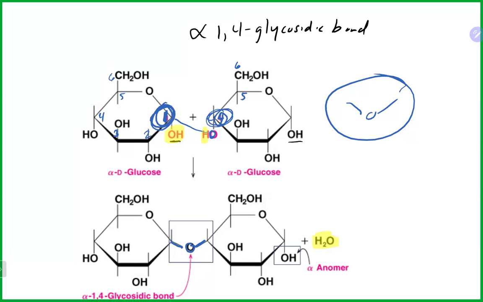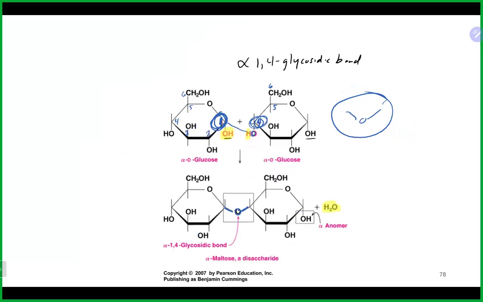So you do need to know how to identify that bond as an alpha 1,4 glycosidic bond, and also know that that is the bond in maltose, which is made up of 2 glucose molecules held together by an alpha 1,4 glycosidic bond. Any questions on that?